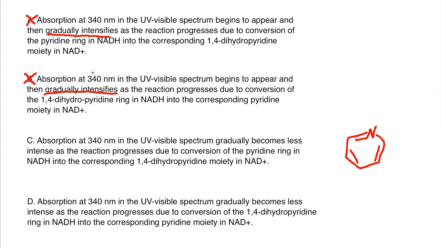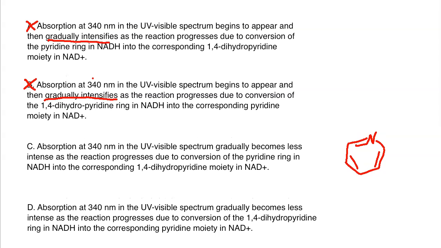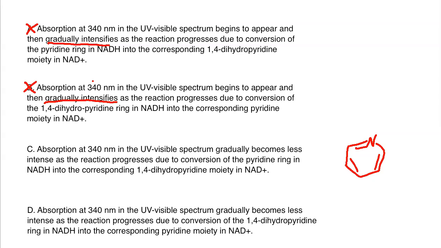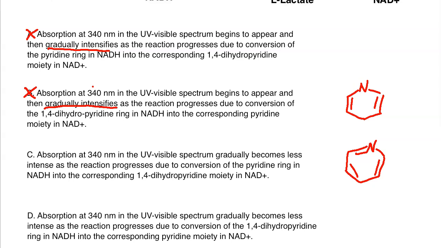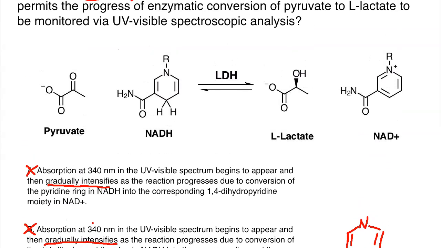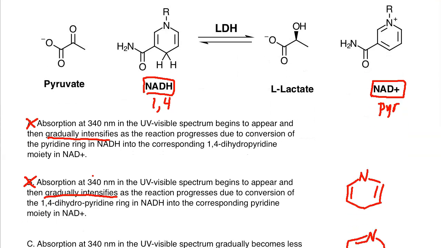And then the 1,4-dihydropyridine moiety is going to be the other portion that we saw that has something more along the lines of this. All right, so if we come up here and we look, the NADH appears to have the 1,4, and the NAD plus appears to have the pyridine. So this is the 1,4, the NADH, and the NAD plus is the pyridine.